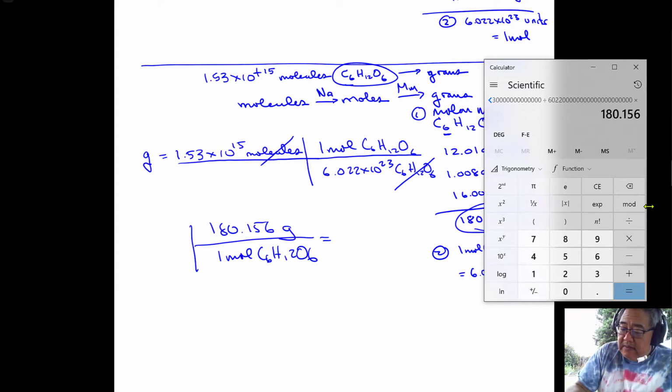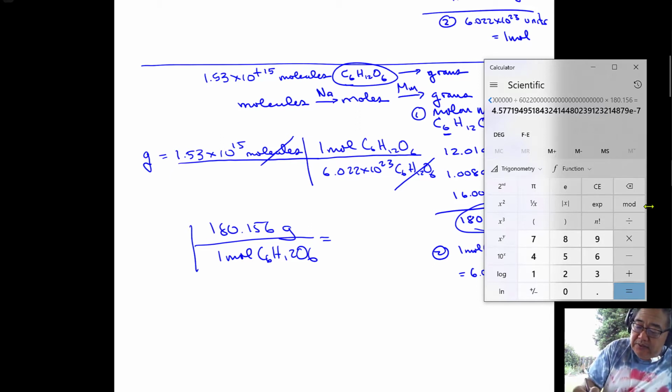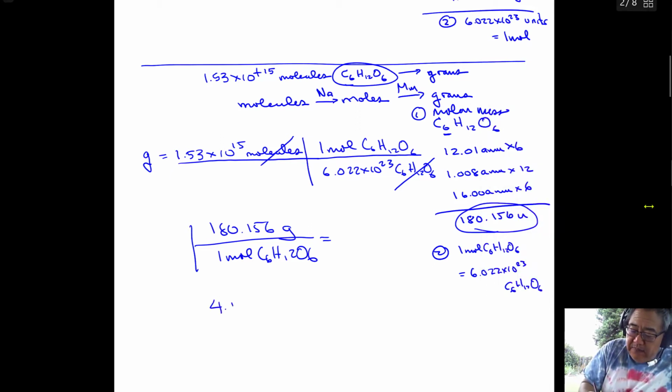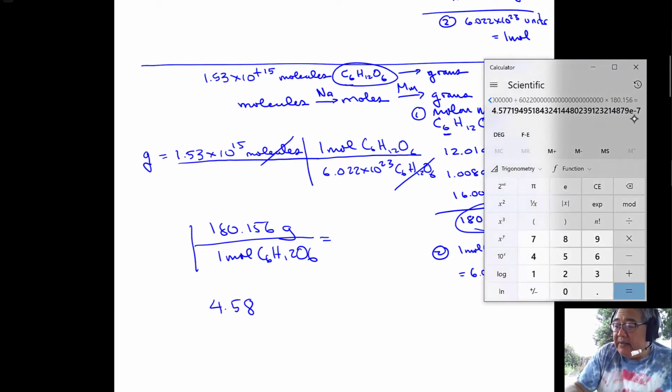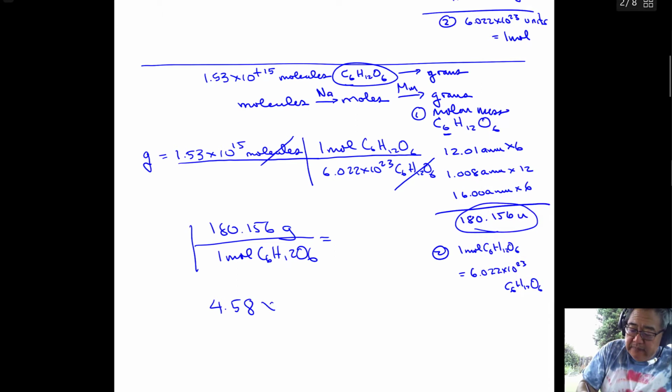And I'll check. Unfortunately, it writes them out without scientific notation, but that looks like it's about right. I hit equals, and then I get 4.58. That's what I'll use. 4.58, and then times 10 to the minus 7. And my units are grams.